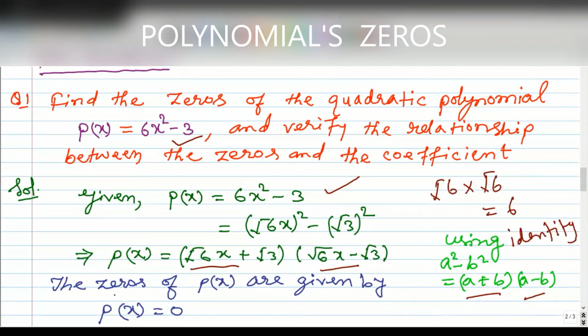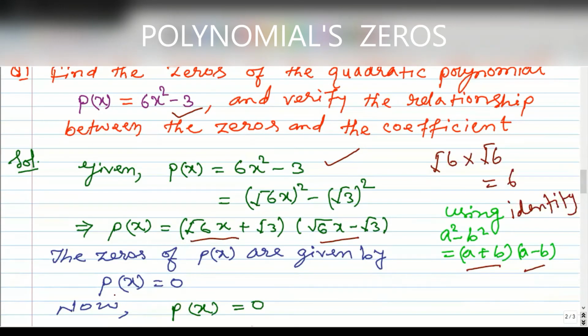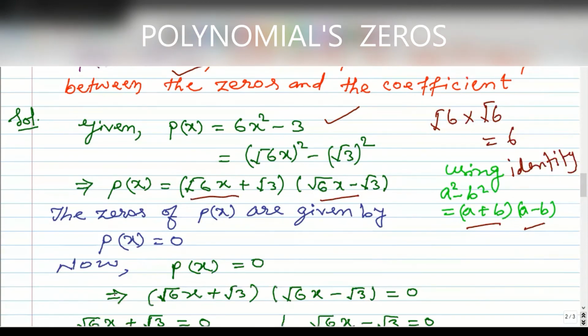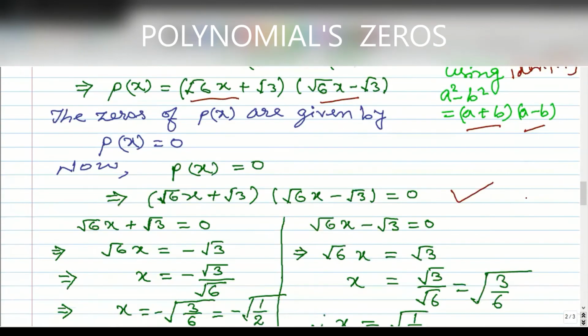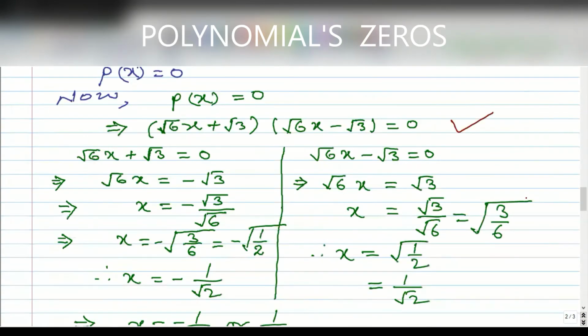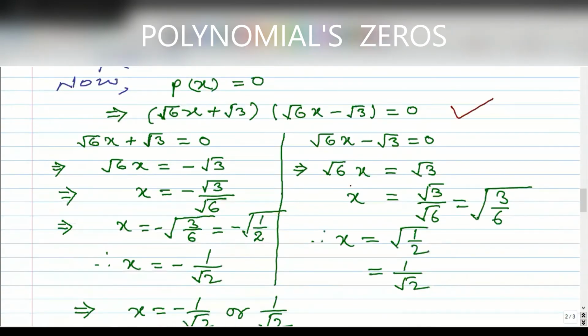So we know that the zeros of p(x) are given by p(x) equal to 0. Then on the left hand side we can write root 6 x plus root 3 equal to 0, and on the right hand side root 6 x minus root 3 equal to 0.